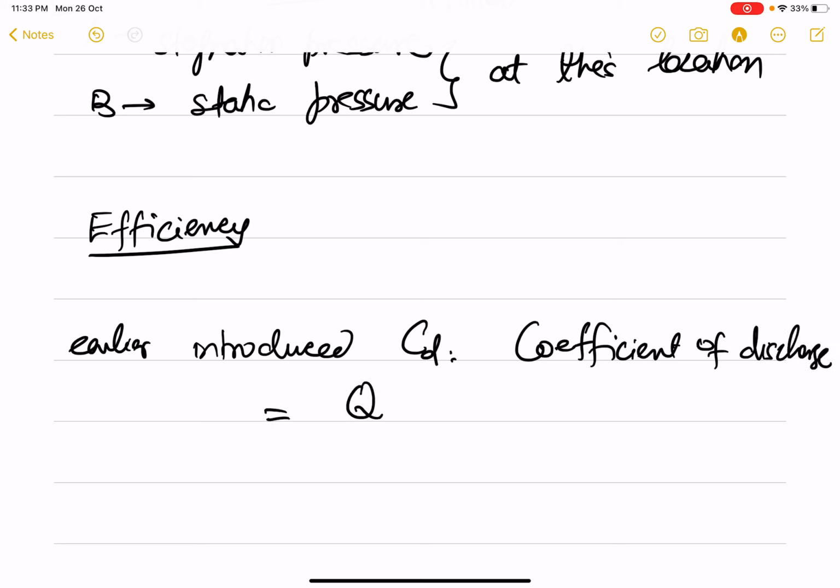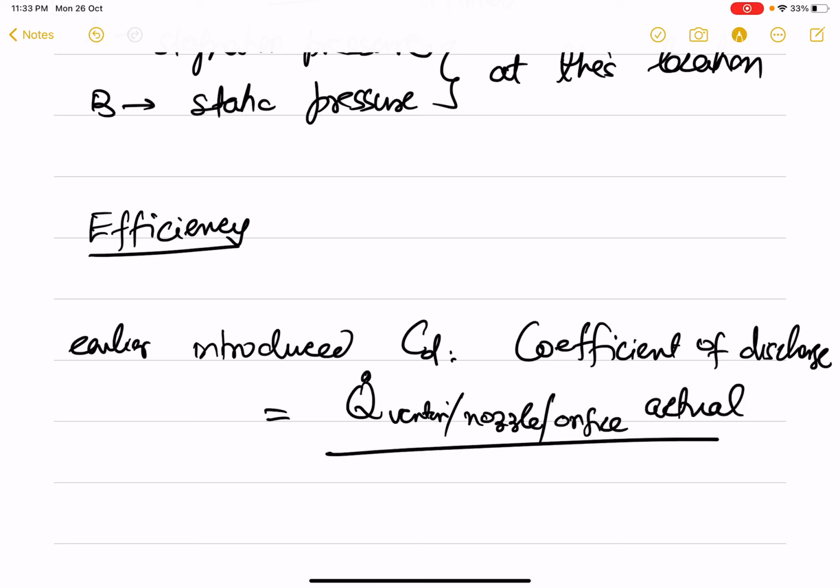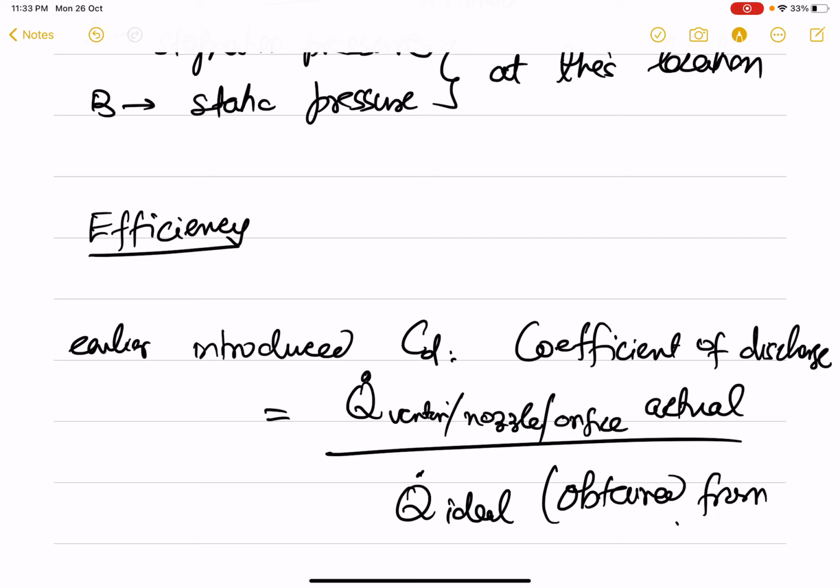and this was the flow rate measured by the venturi or the nozzle, or the flow passing through a venturi, nozzle or an orifice: the actual flow rate divided by the ideal flow rate. The ideal flow rate has been obtained from the Bernoulli equation.